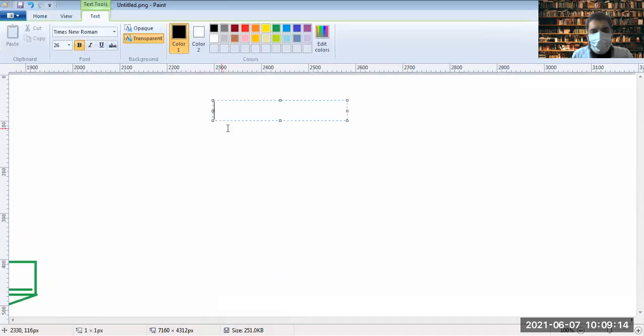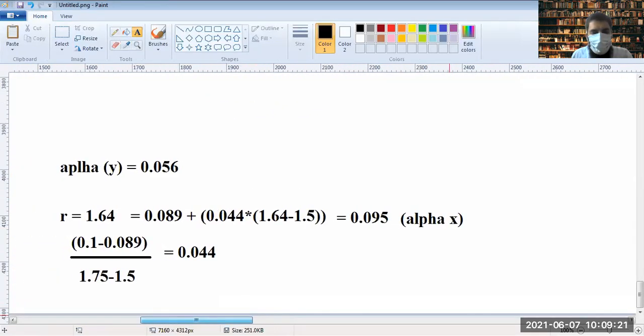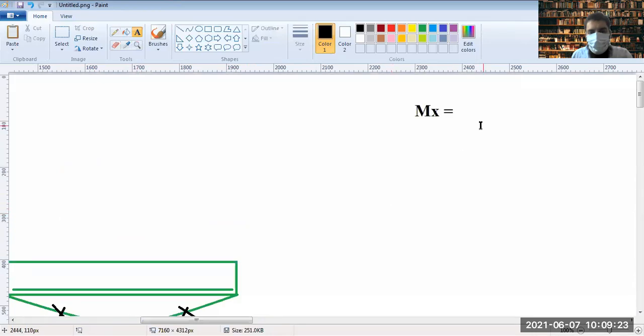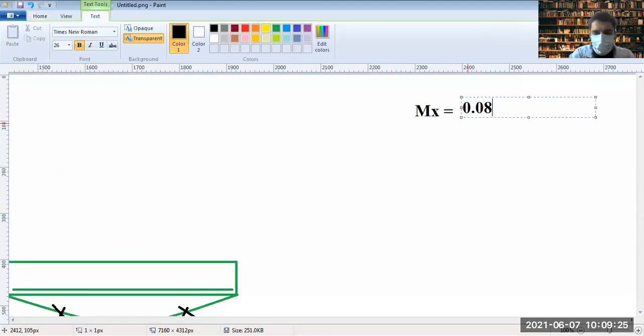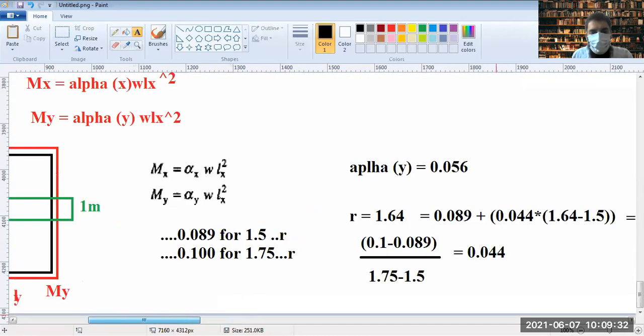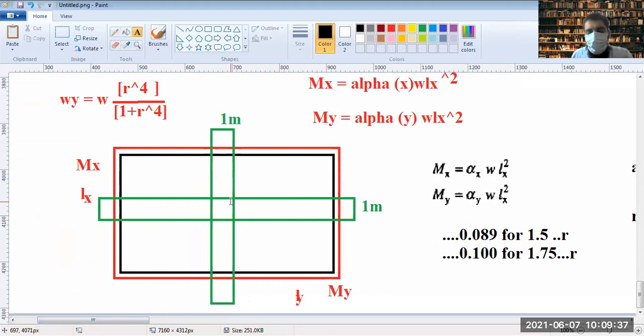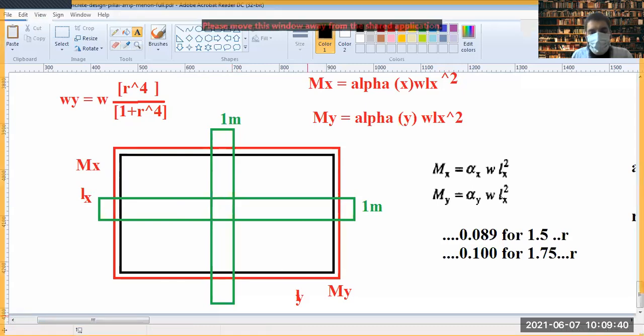So here mx would be equal to alpha x, the value we just got, 0.095, cross what is the value of the load that you need, W. What is the total load over a span, where you have the factored load?